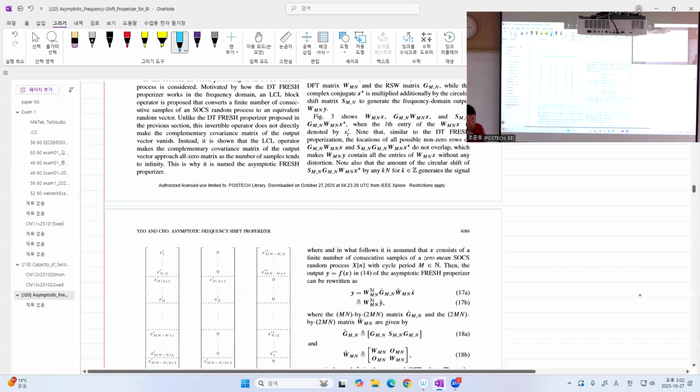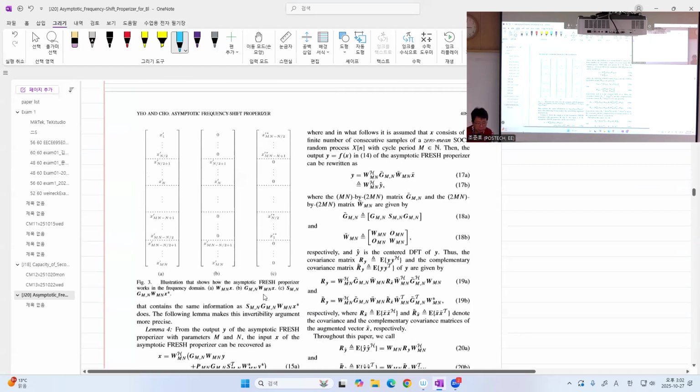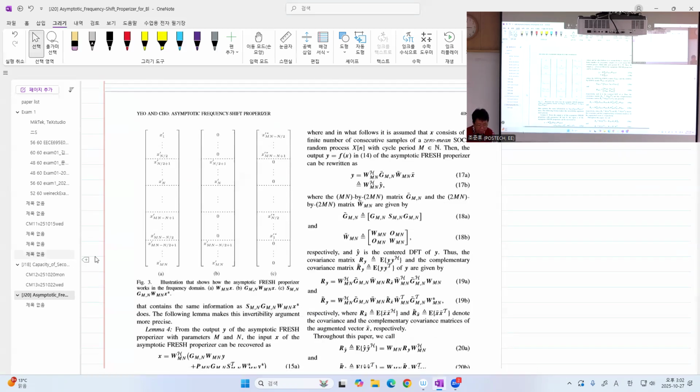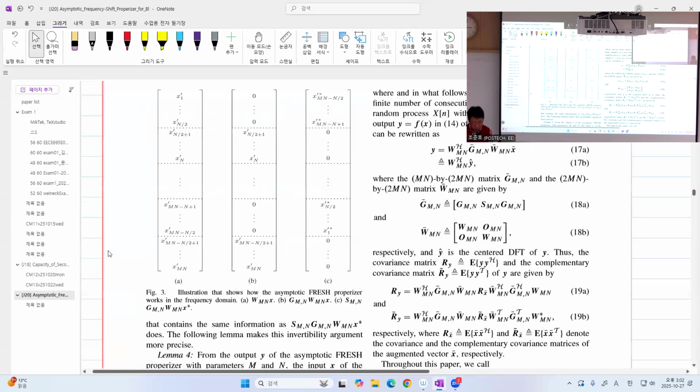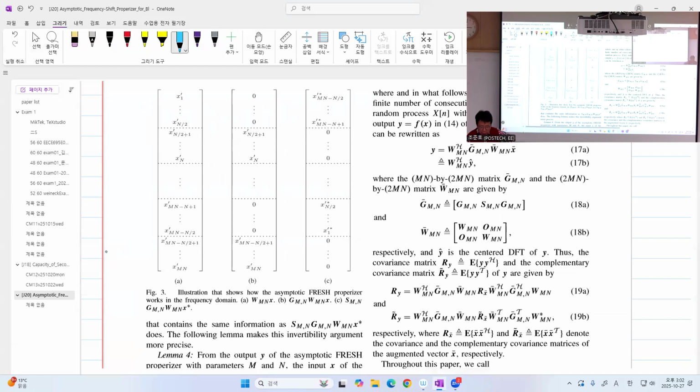So this figure shows how we generate the results. Let me see. Yeah, so A is the Fourier transformed vector x.